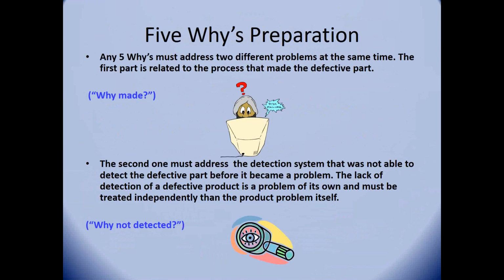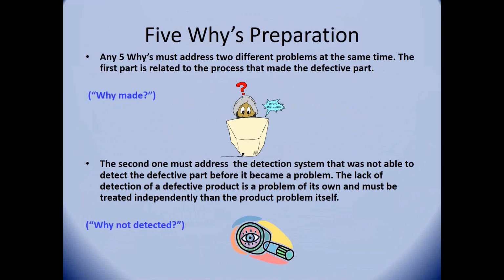So it says any 5 whys must address 2 different problems at the same time. The first part is related to the process that made the defective part. Why was it made? Why was it defective? The second part is the detection system that was not able to detect the defective part before it became a problem.